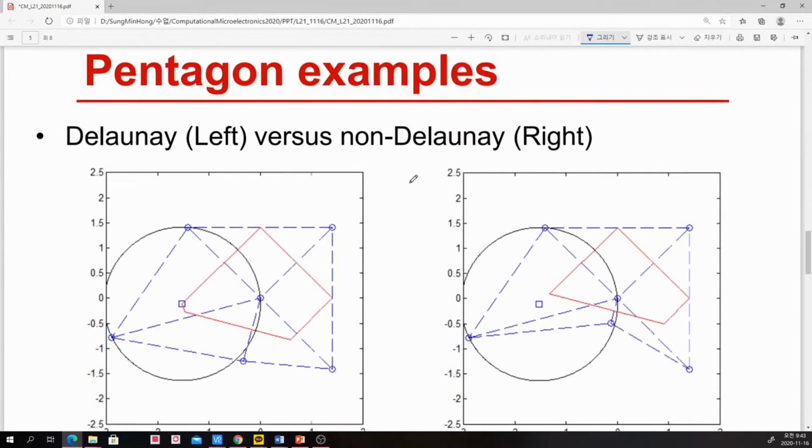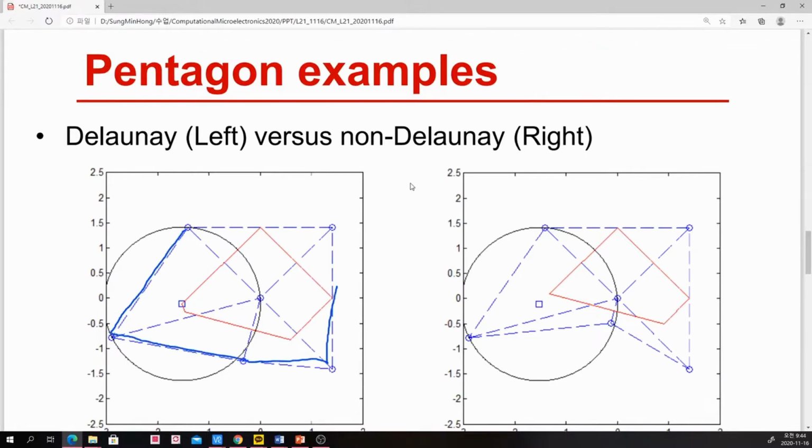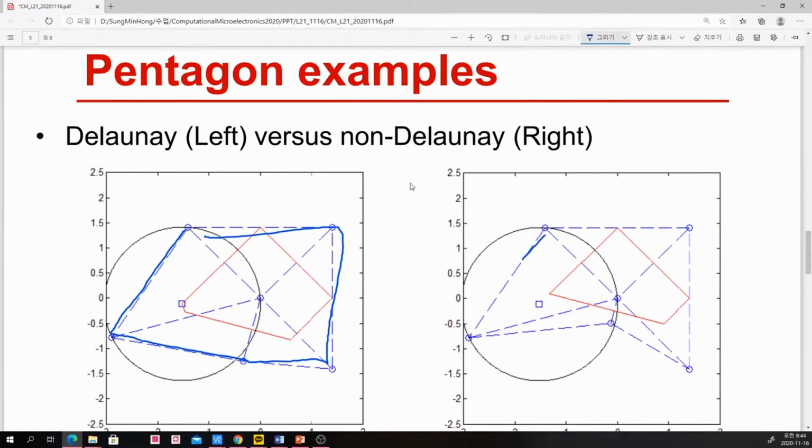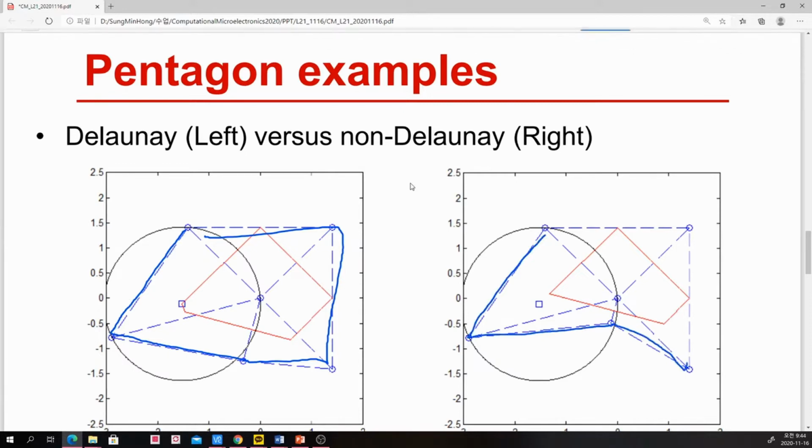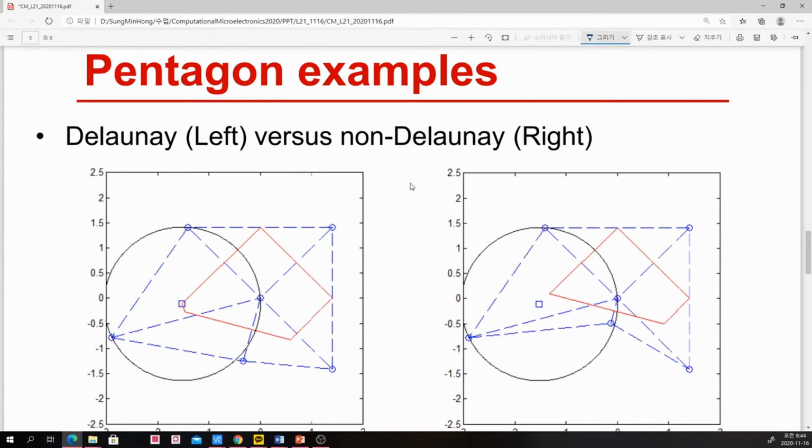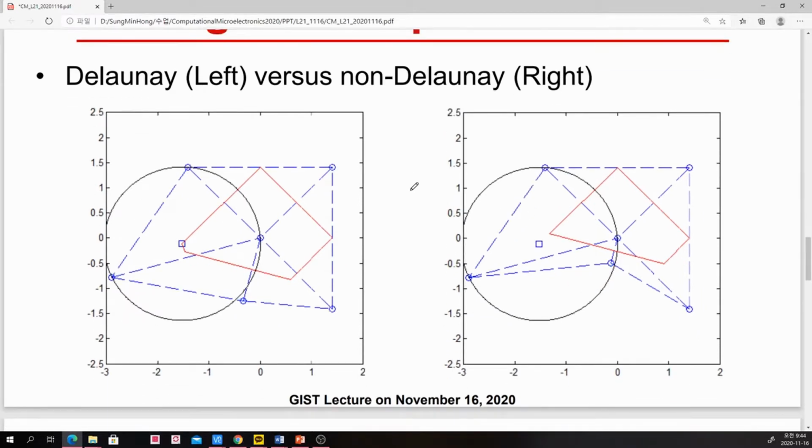Then why don't you just consider a practical example. Here we have a pentagon. Although that is not convex, anyhow, this is a pentagon. We have 2 pentagons, and these pentagons are discretized with 6 points.